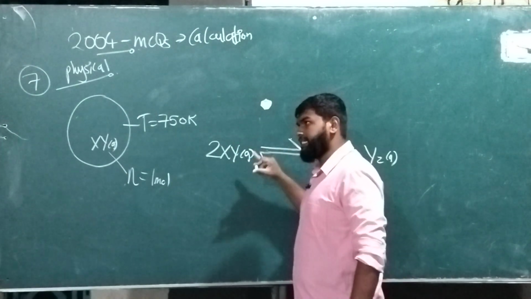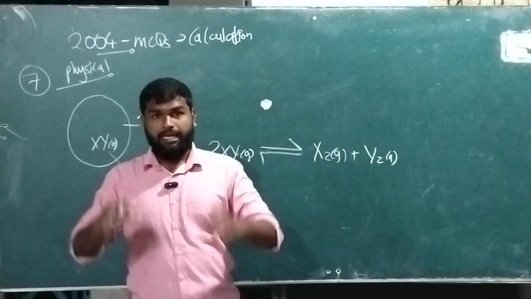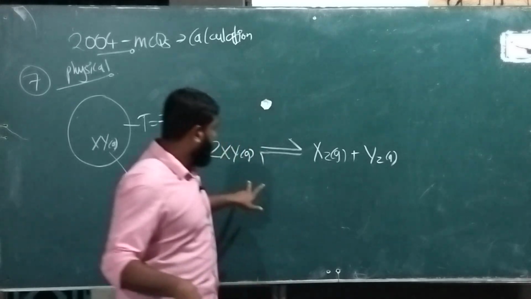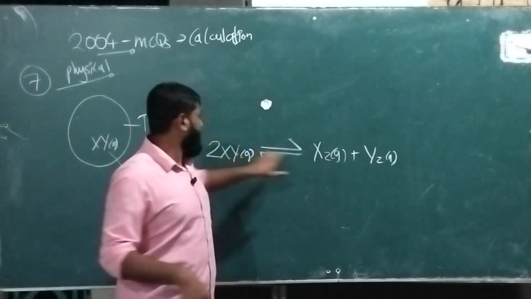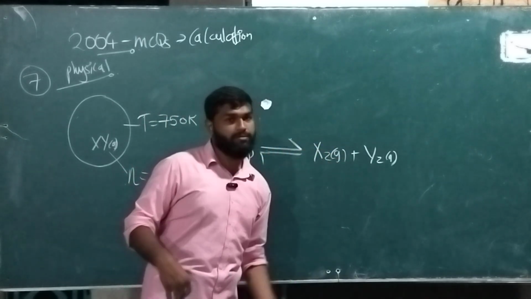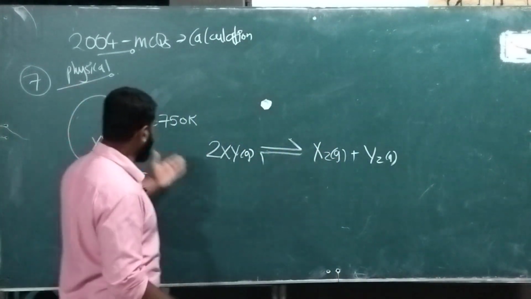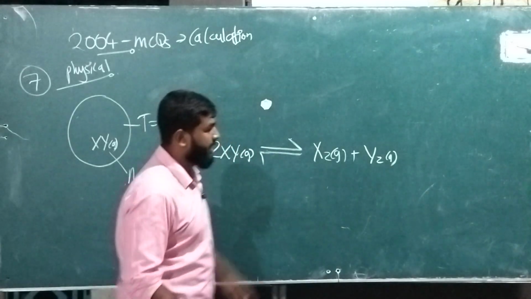It's related to the Le Chatelier principle. But in this question they have said once they heat it up, it dissociates, which means the forward reaction has to be endothermic.